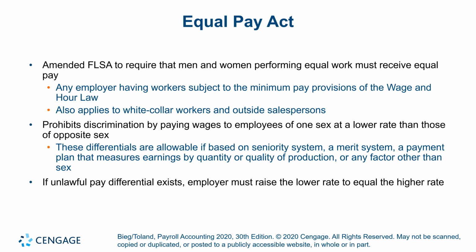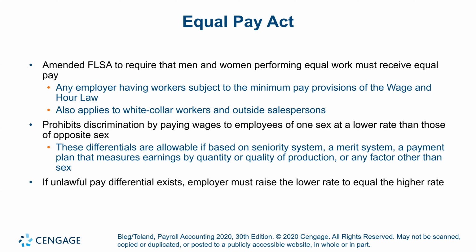And just like it shows here, if there is a pay difference between a male and a female doing the same job, it's only allowed if based on seniority, a merit system, or some other type of payment plan, like a piece rate plan that reflects earnings by quantity or quality of production. Any other factor other than sex, right?